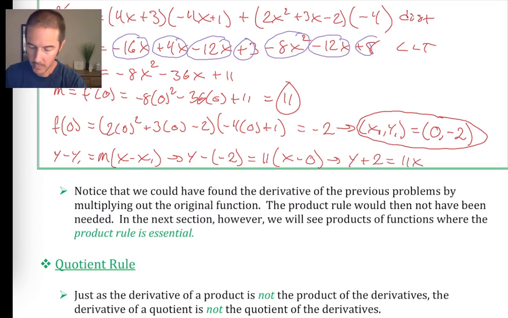At this point, we might as well turn it into y equals mx plus b form, which is slope-intercept form. Let's subtract 2 from both sides so that we have ourselves an equation of y equals 11x minus 2. And that is the equation of the line that is tangent to the original function at the point where x equals 0.